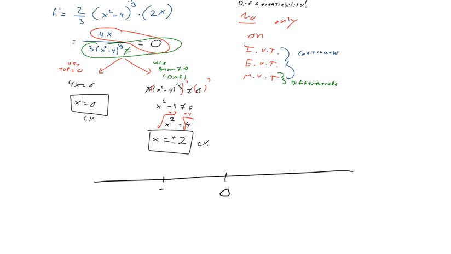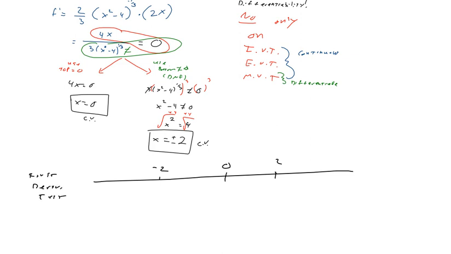So here are my chunks: all the numbers less than negative 2, somewhere between negative 2 and 0, somewhere between 0 and 2, and somewhere bigger than 2. First derivative test. I've got to pick my numbers in my chunks, then plug them into my f prime.